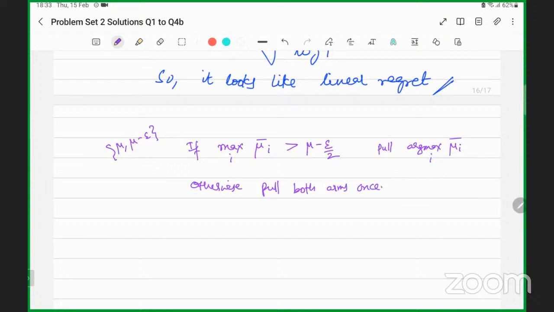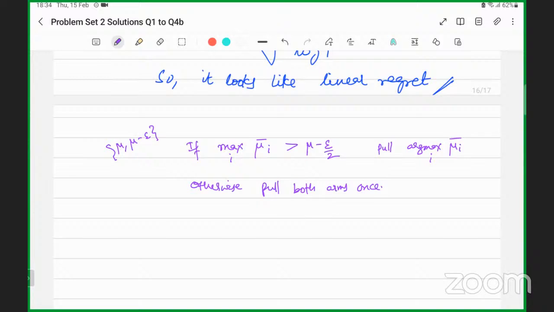Okay, so this is the algorithm, right? We have the two means, we don't know which arm has which, but we know that the range belongs to these two numbers.